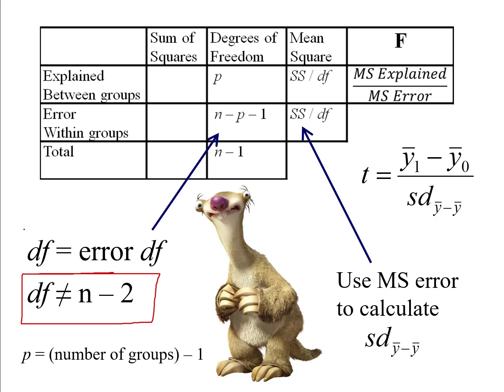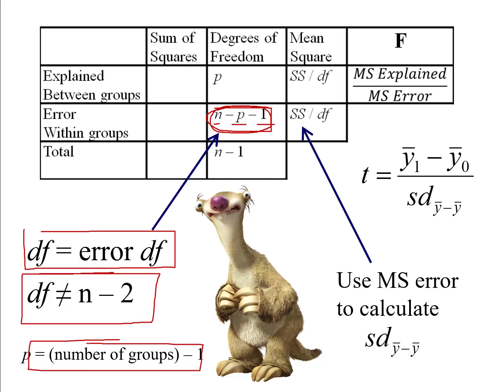And specifically, my degrees of freedom are going to be equal to the error degrees of freedom from my ANOVA table. That within group degrees of freedom from our ANOVA table, which is equal to n minus p minus 1. And if you recall, p is equal to the number of groups minus 1.